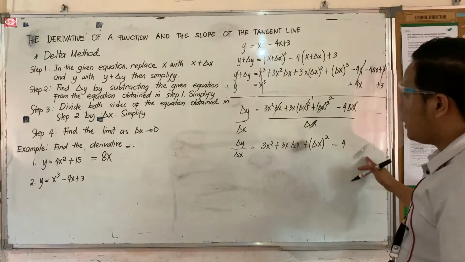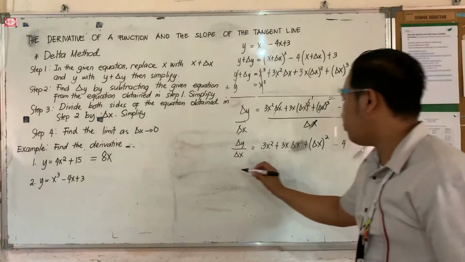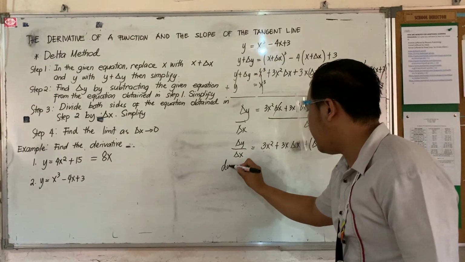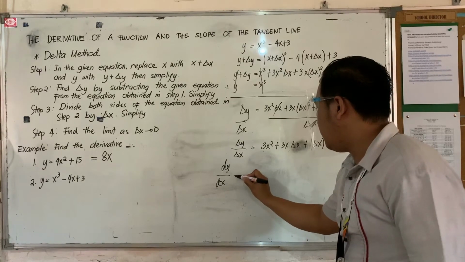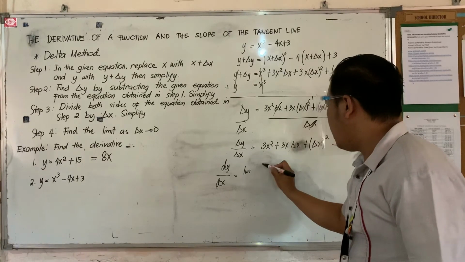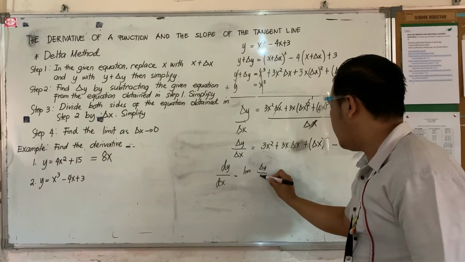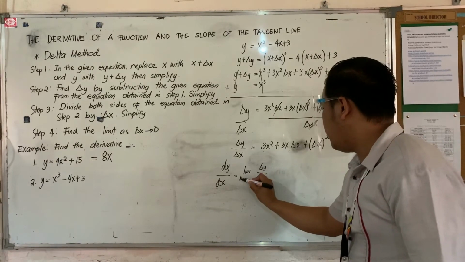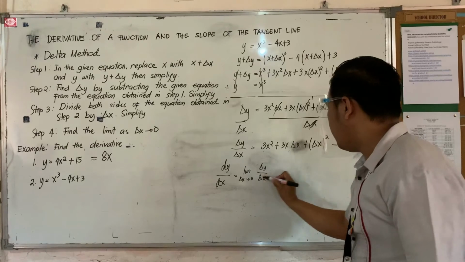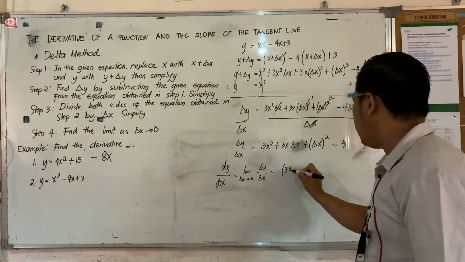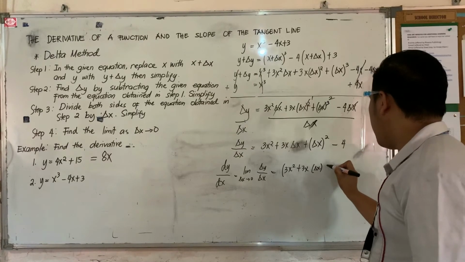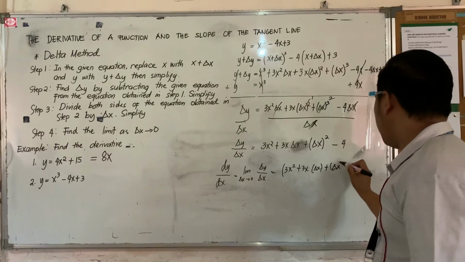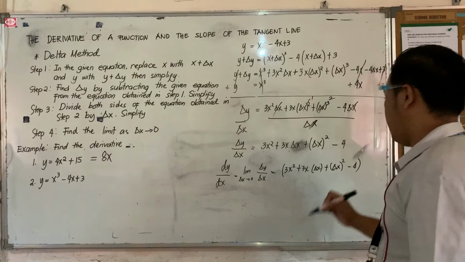Okay. So, for this step number 4, we will now get the derivatives of the equation. dy/dx is equal to the limit of delta y over delta x as delta x approaches 0, which is equal to 3x squared plus 3x delta x plus delta x squared minus 4.